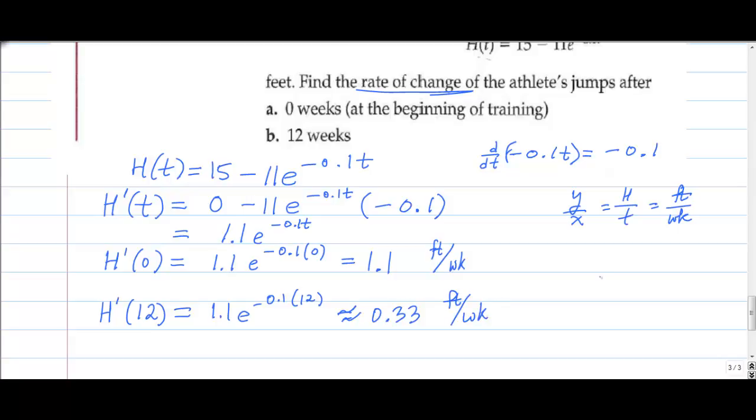So after 12 weeks, they're jumping 1/3 of a foot higher per week. So pretty much they're reaching the maximum that they can jump, and as time goes on, they're going to hit that ceiling. They won't be able to learn anymore or get any better, just the limitations of human jumping ability.